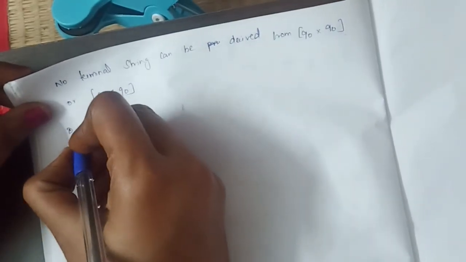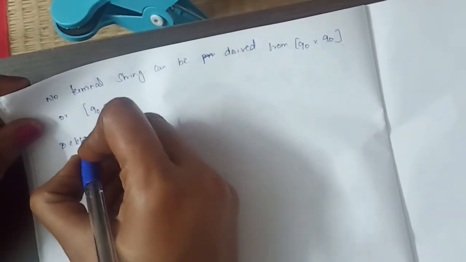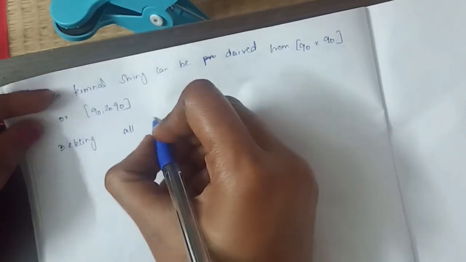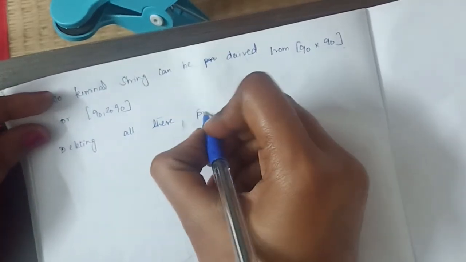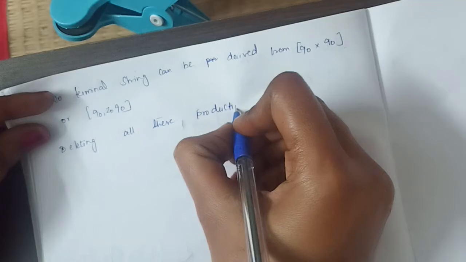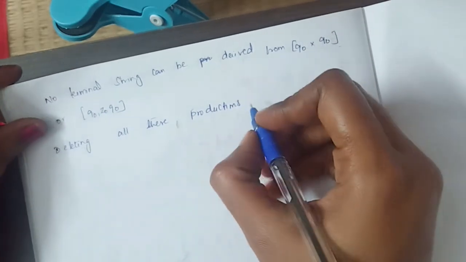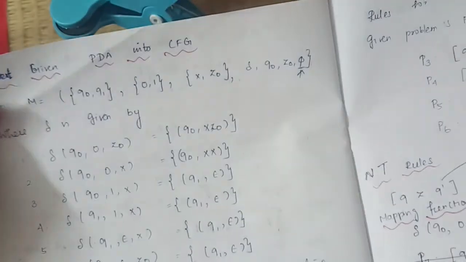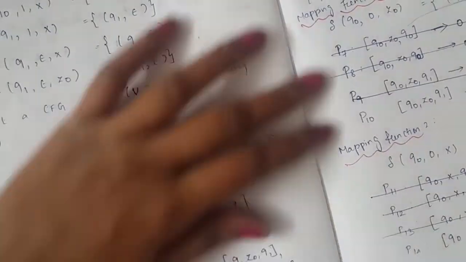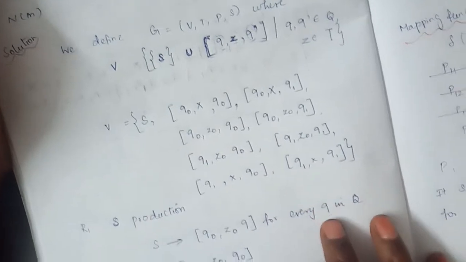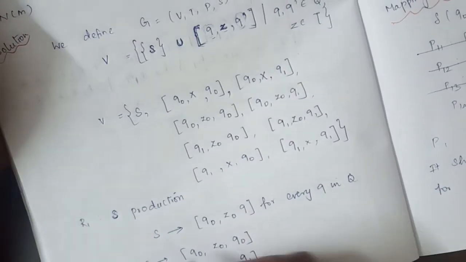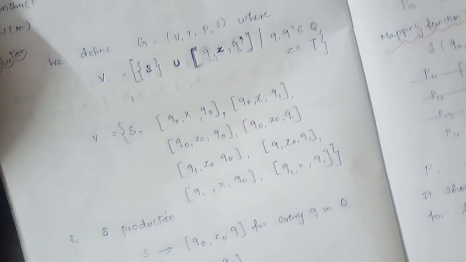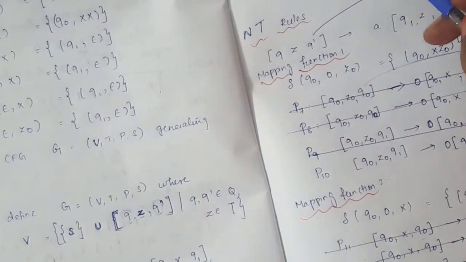After eliminating all these, deleting all these productions, we get what is left. So this is also wrong. See here, q naught, is it not q naught? It is not going to generate anything, right?